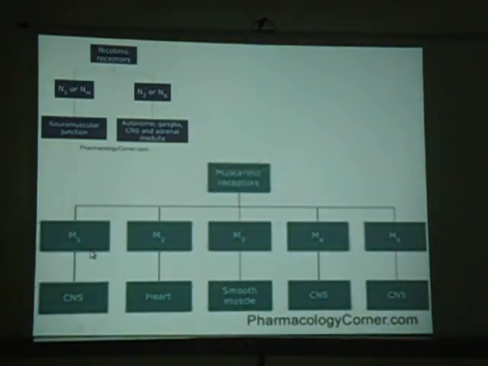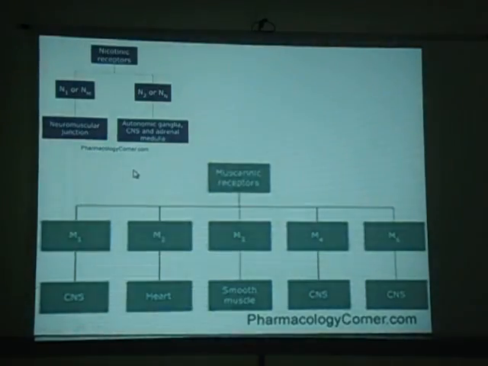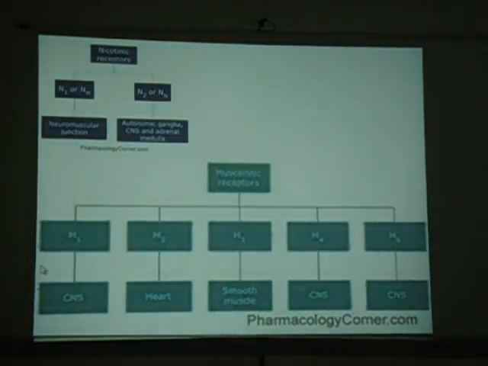M1 is in the CNS, M2 in the heart, M3 in smooth muscles and also in endothelium. M1 is also present in some of the gastric glands.